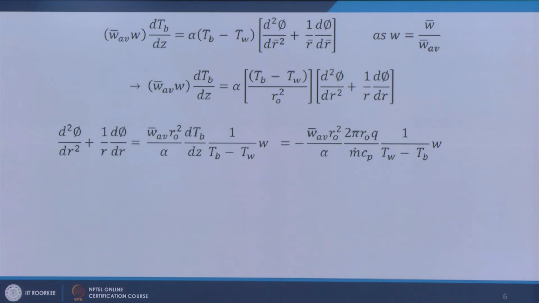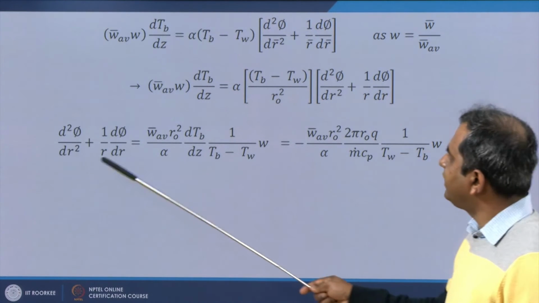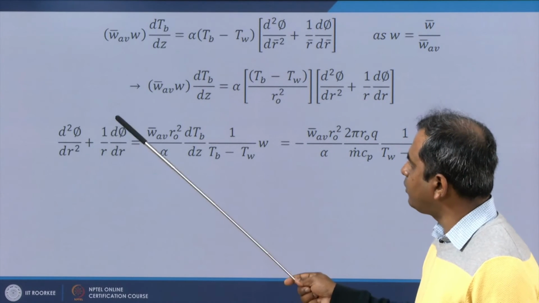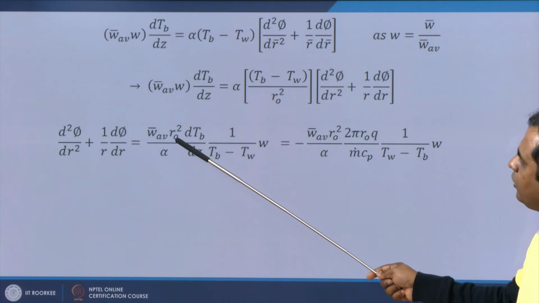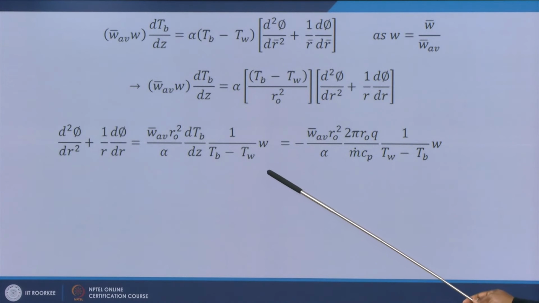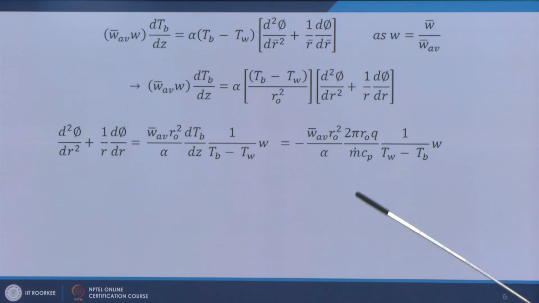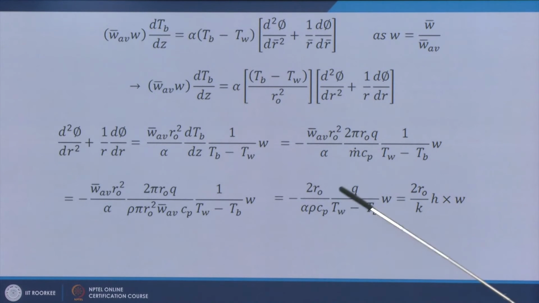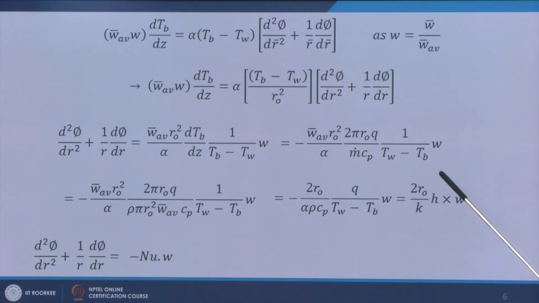Now if you do a little bit of simplification, then del square phi del r square plus 1 by r del phi del r becomes W average r naught square by alpha dTb dz into 1 by Tb minus Tw into W. If we further simplify, then we will find that we have 2 r naught h by k into W, where 2 r naught h by k is nothing but your Nusselt number.